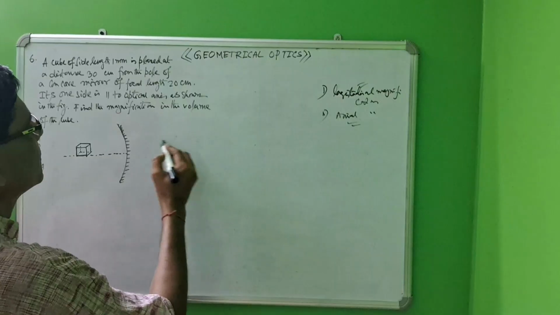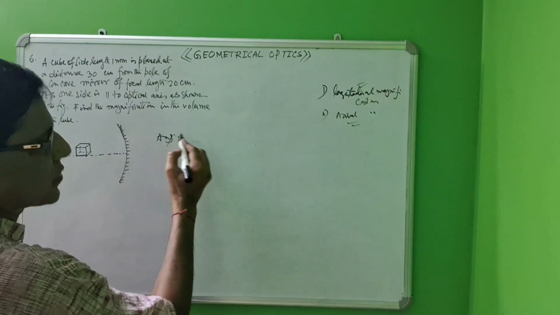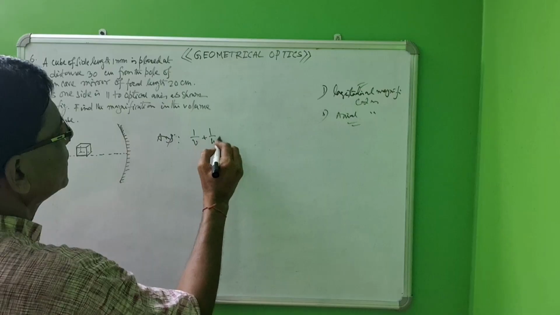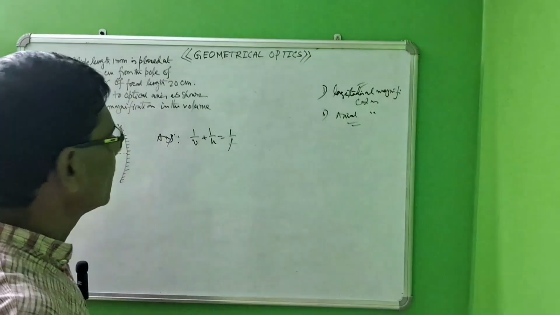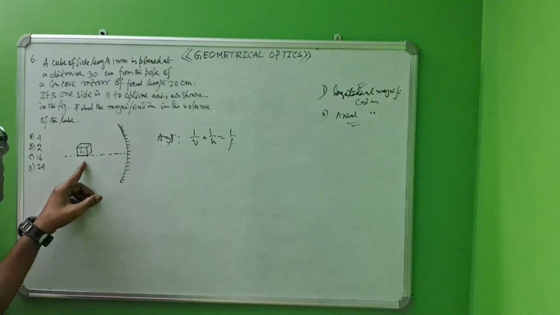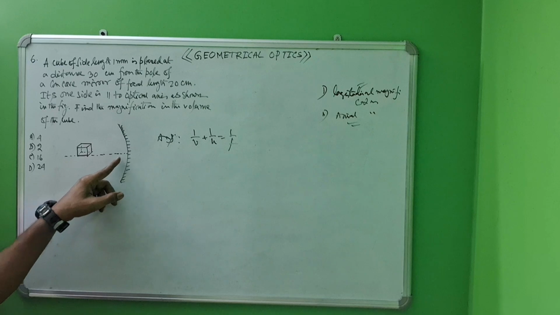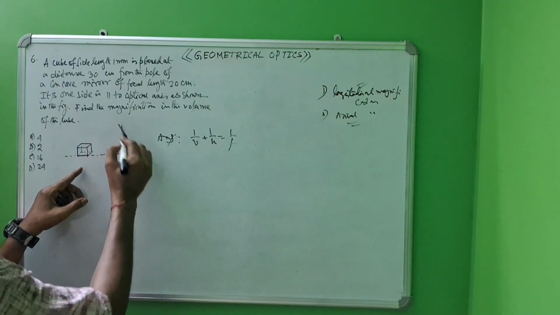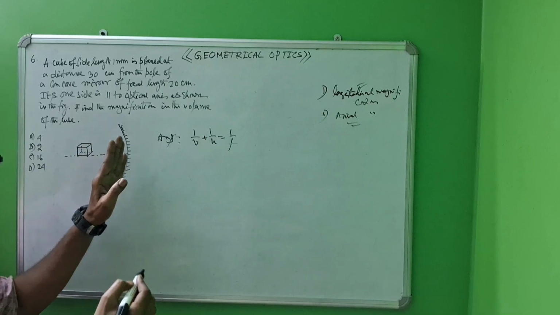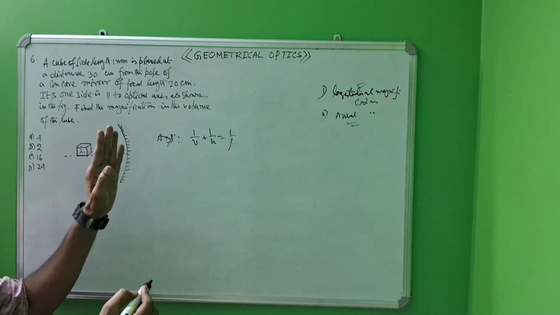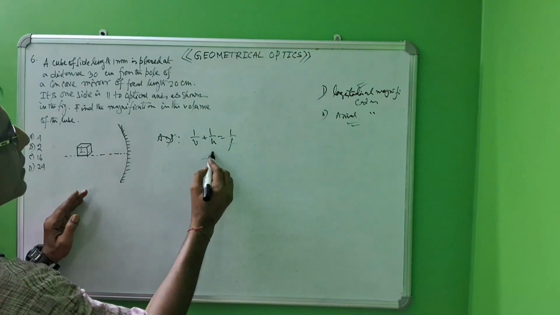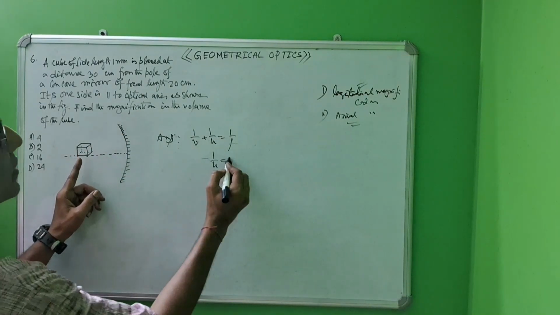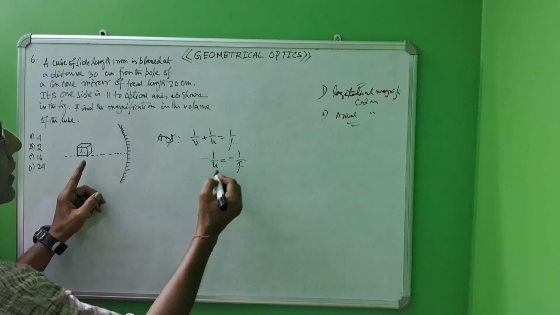First, the general equation for our mirror: 1 by v plus 1 by u equals 1 by f. Here the body is present. When the rays go in this direction for the concave mirror, to measure u we go in the opposite direction. So u is minus here. The focal length is also in this direction, so it is also minus.